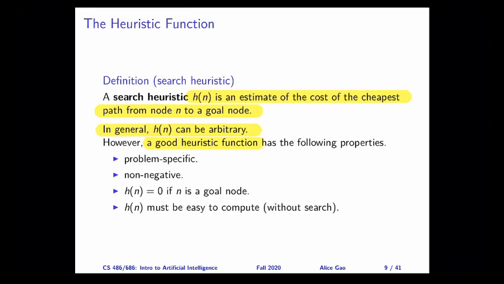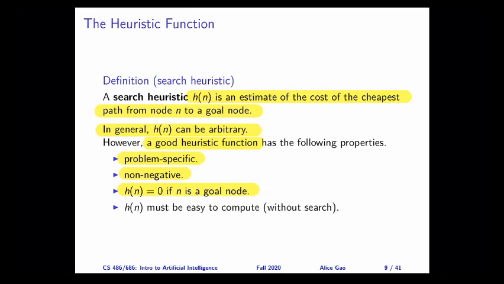It's usually problem-specific, meaning that it's often based on some domain knowledge we have about a particular problem. It should be non-negative. It's an estimate of the total cost of a path, and we do not consider negative costs. If we're at the goal state already, the heuristic value should be 0. This makes sense as the cost of the cheapest path from a goal state to any goal state should be 0.